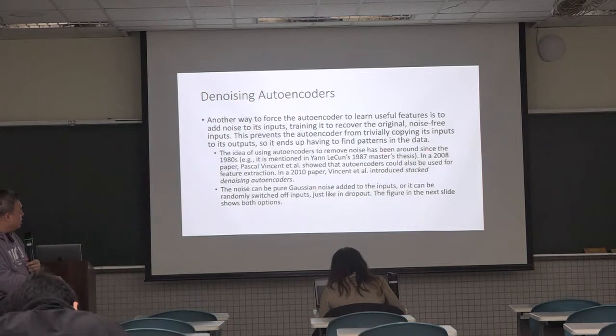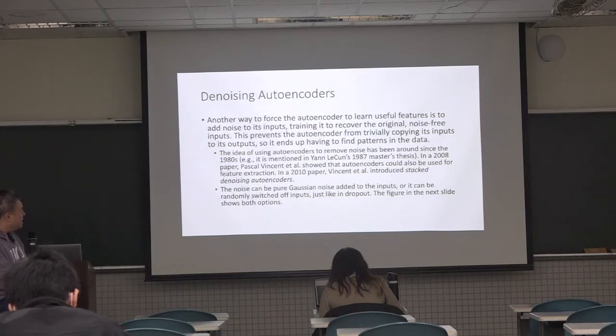In a 2008 paper, Vincent and his group showed the autoencoder could also be used for feature extraction. In a 2010 paper, Vincent and the same group also introduced the stacked denoising autoencoder.